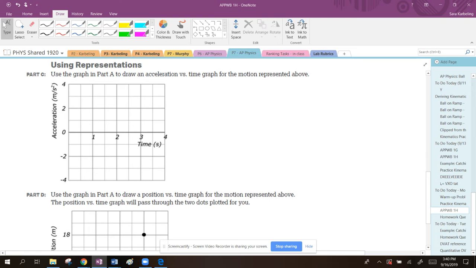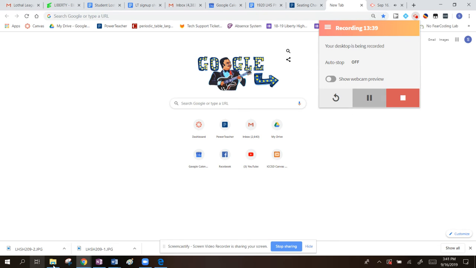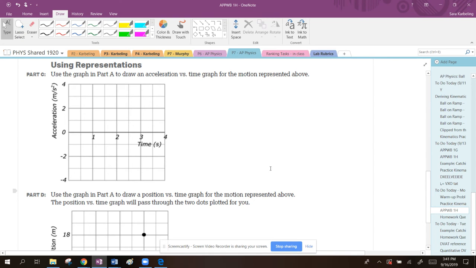All right, let's take a look. Let me see your graphs. You'll notice just a little quick note, and I think most of you caught this, but just to be clear, this says to draw an acceleration versus time graph, not sketch, right?